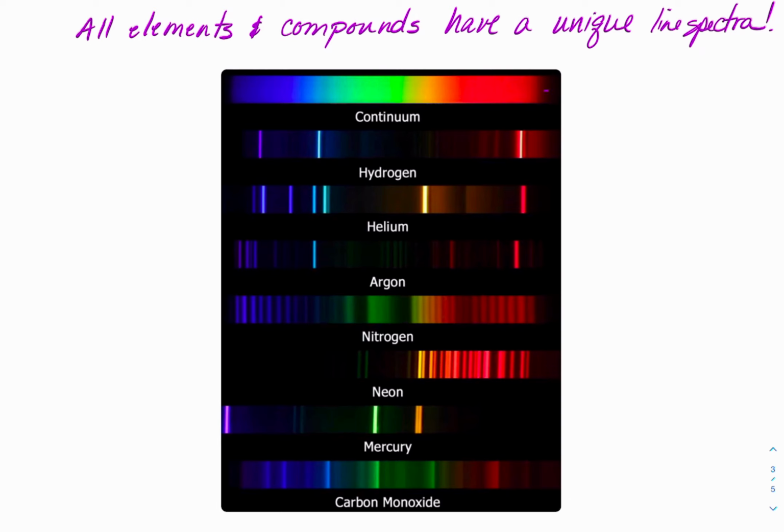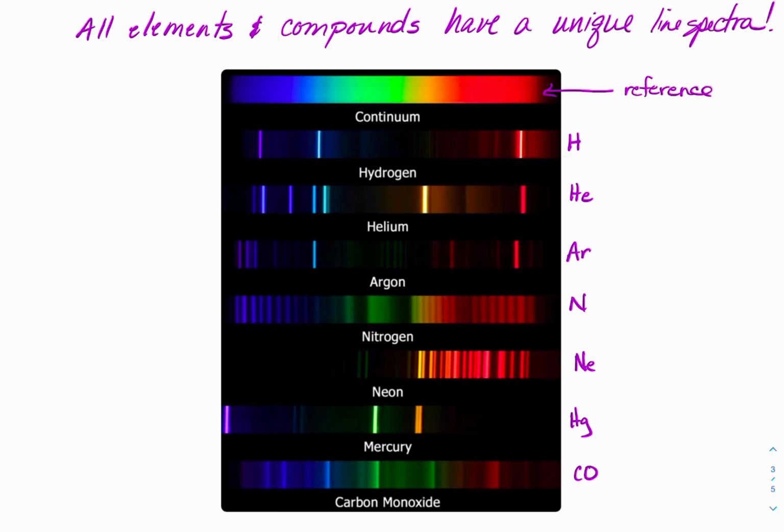So use this one as a reference, where all of the wavelengths of light are in the continuum at the top. And then if you look below that, this is hydrogen, helium, argon, nitrogen, neon, mercury, and CO, or carbon monoxide.